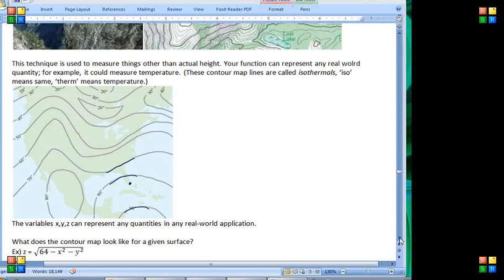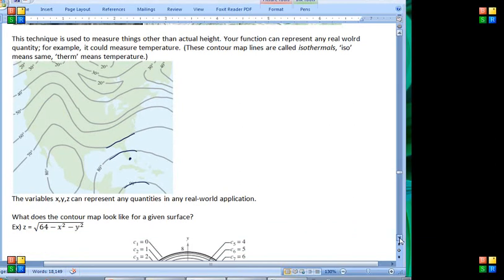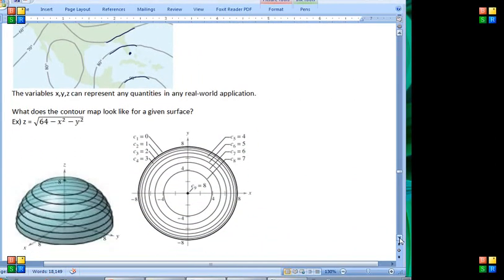But how are those contour curves spaced? What happens as you go z equals 1, z equals 2, z equals 3? What happens to the contour lines? They're all circles, but what changes? So the radius changes, but it doesn't change uniformly.